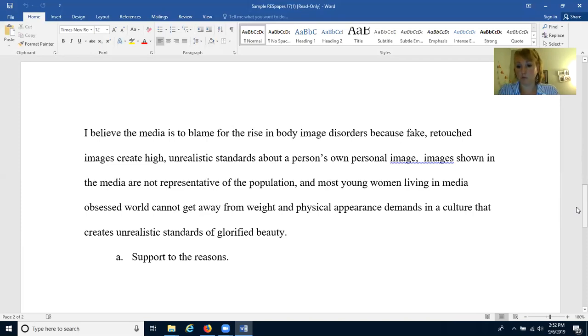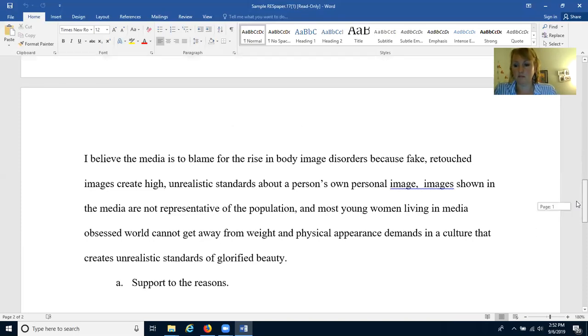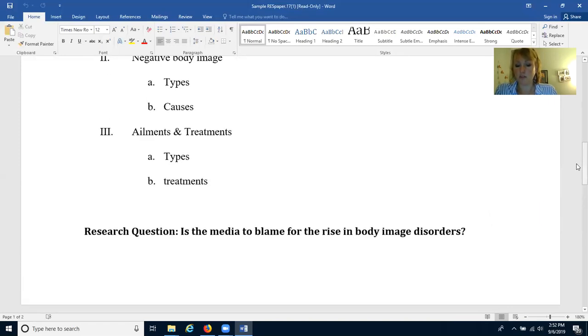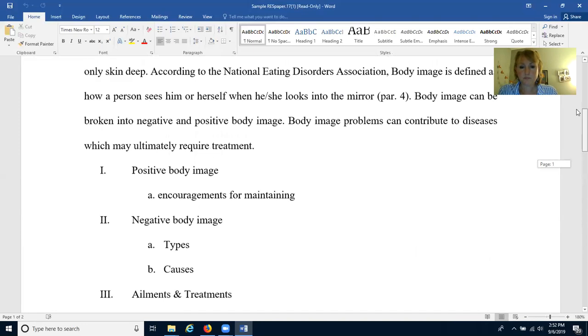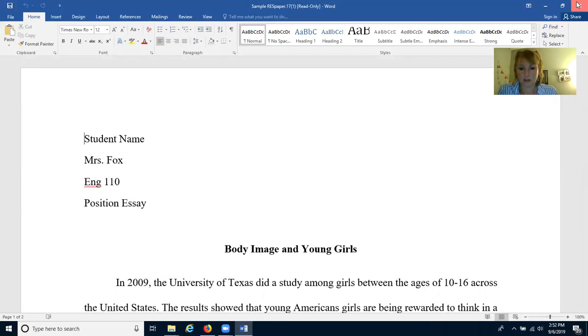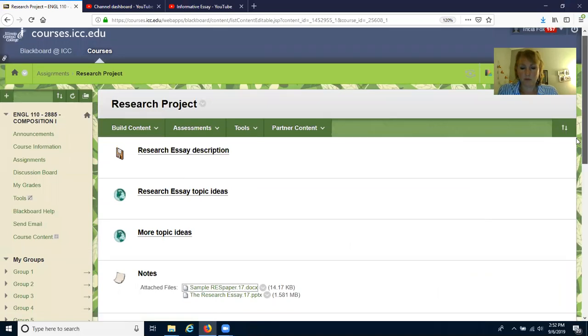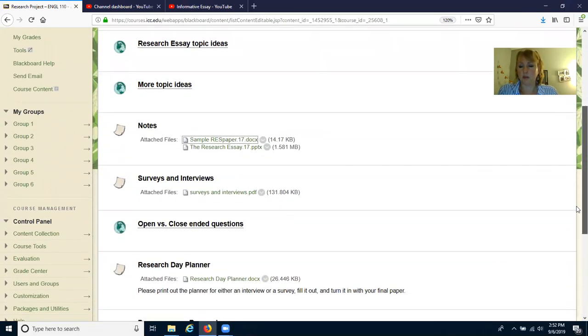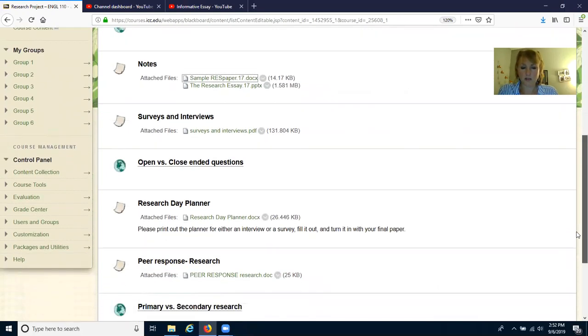So those were the three supporting reasons for their belief statement. So then they would go into those and support the belief that they believe the media is to blame for the rise in body image disorders. You can also set up your outline just like that. It will help you separate your paper out into the part 1 and the part 2.